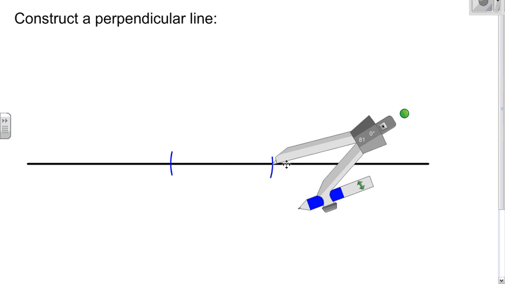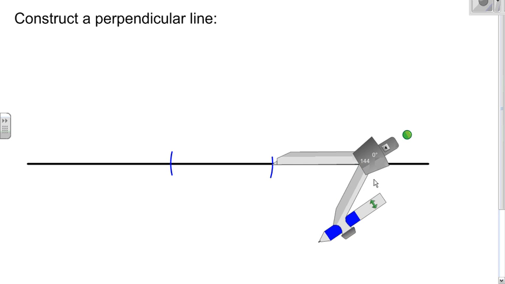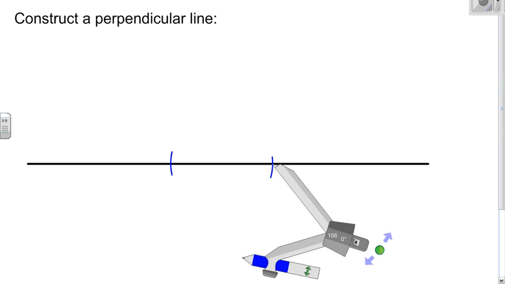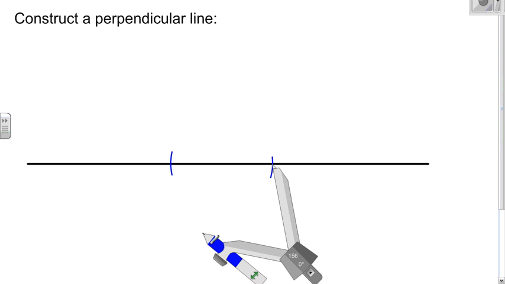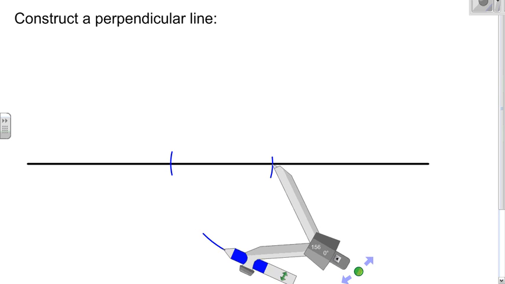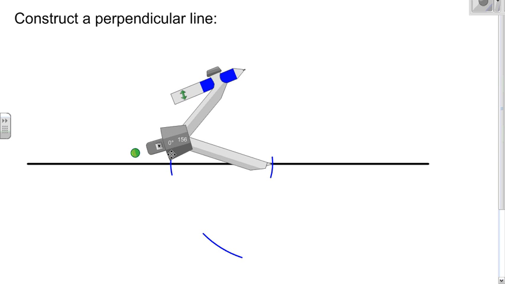Then from those marks, you can adjust your compass, go out a certain distance. It needs to be further than what it was. Then you need to draw below the line as well as above.